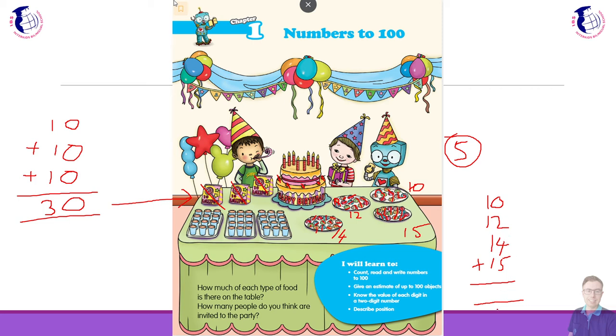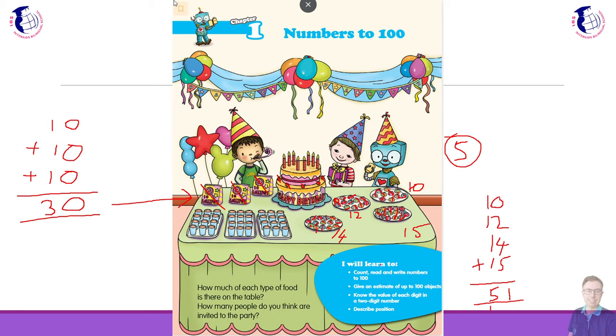So what we're going to do with 11, we're going to write our 1 here, but we've got a 10. So the 10 is going to have to go over to the left. So I'm going to put the other 1 down here. Don't forget about this one. So we have 1 plus 1 plus 1 plus 1 plus 1. That's 5 tens. So we write our 5. And our total for all the jelly tots is 51.